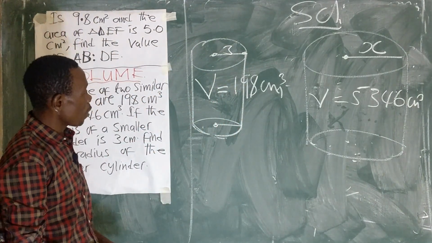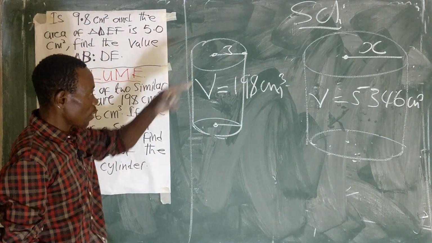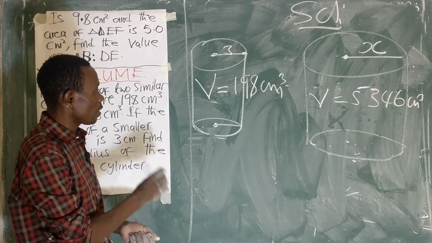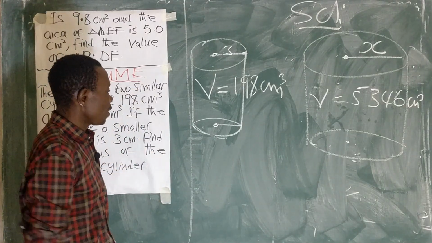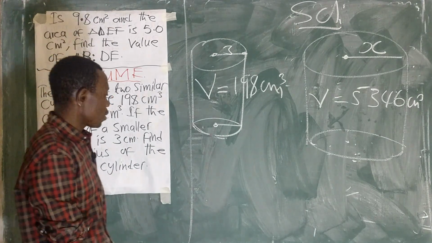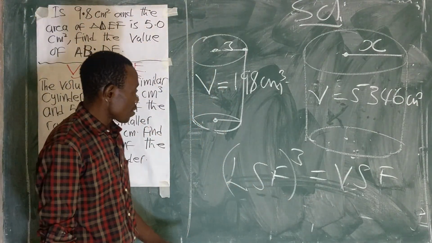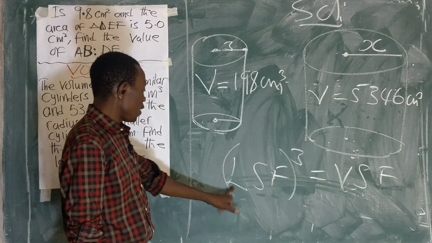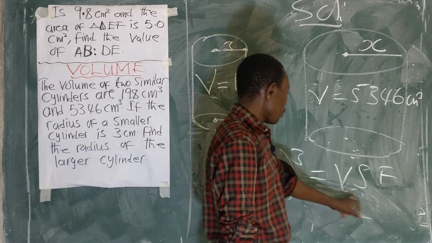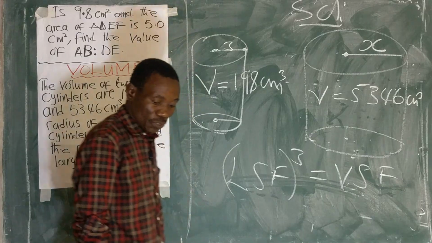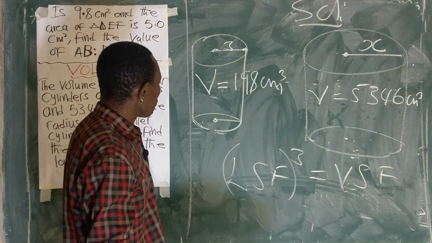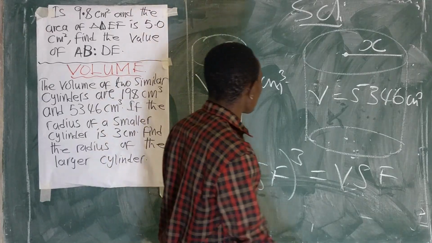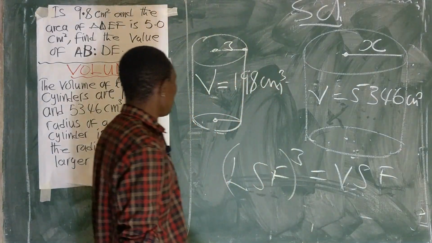If I would like to find x, I can use the knowledge of the comparison between the area scale factor, the volume scale factor and the linear scale factor, where the relationship, as already highlighted, is that the cube of the linear scale factor is equal to the volume scale factor.